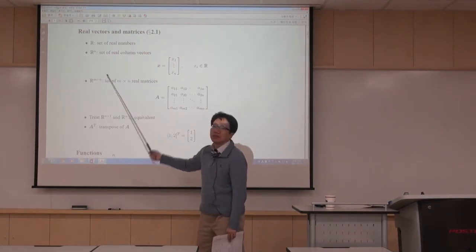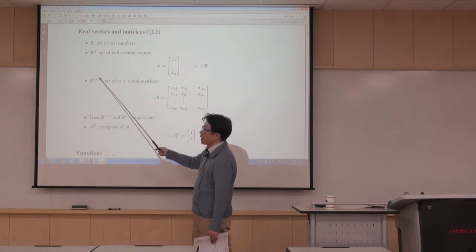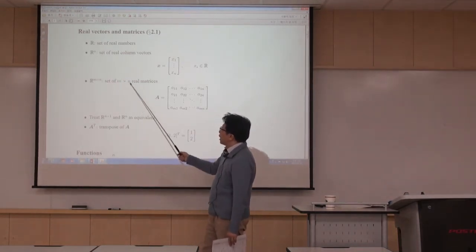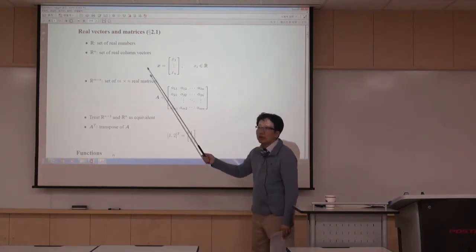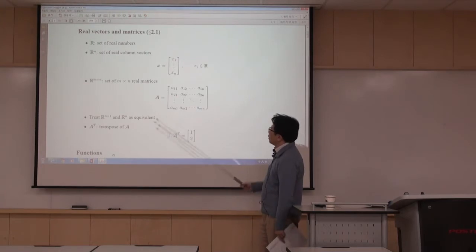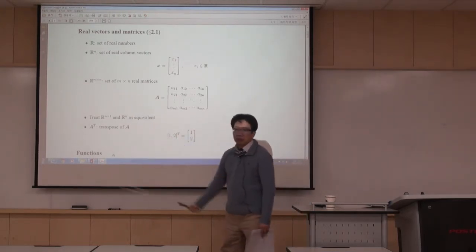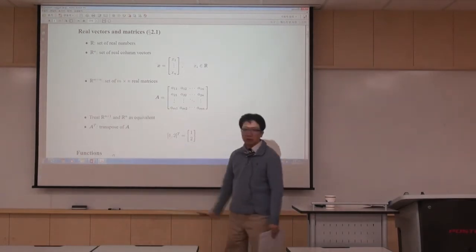You may say m times n, but usually R to the m by n. This is the set of all m by n real matrices, or matrices with real-valued entries. Here m is called the number of rows, and n is called the number of columns.